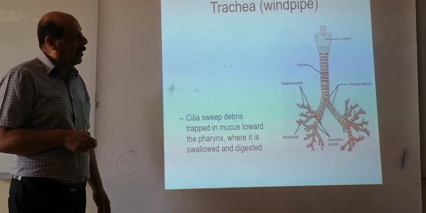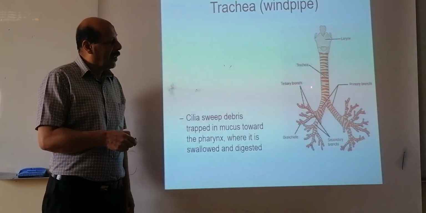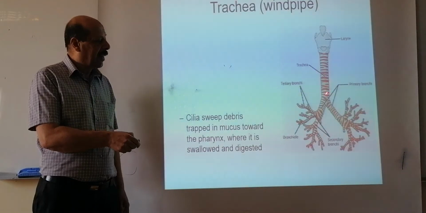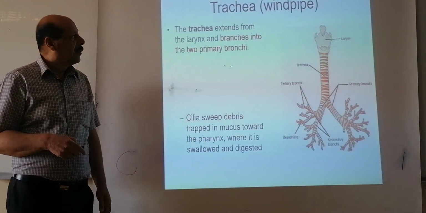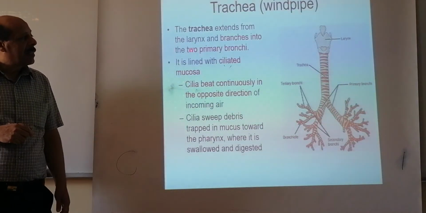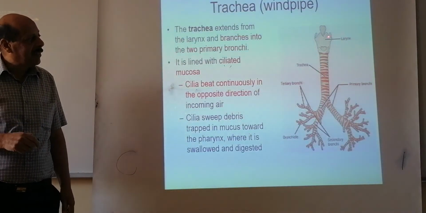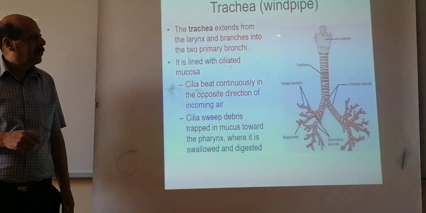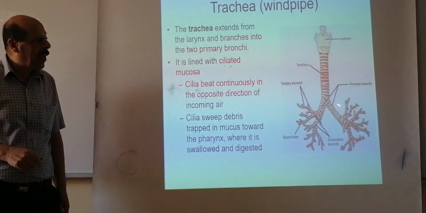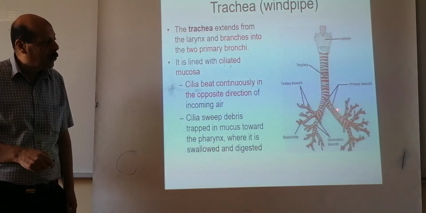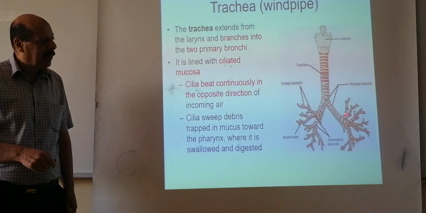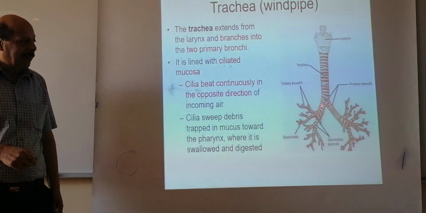Then after the larynx, we have the trachea. This is the trachea. It extends from the base of the larynx and branches into two primary, right and left bronchi.